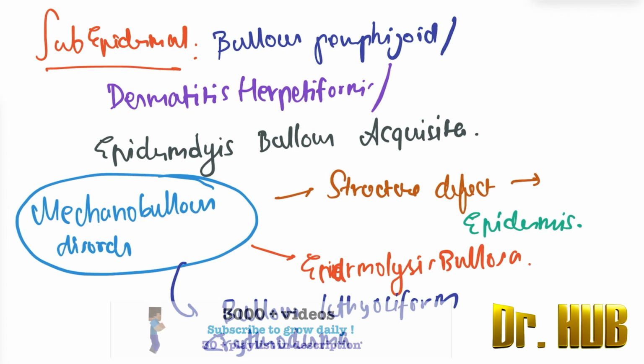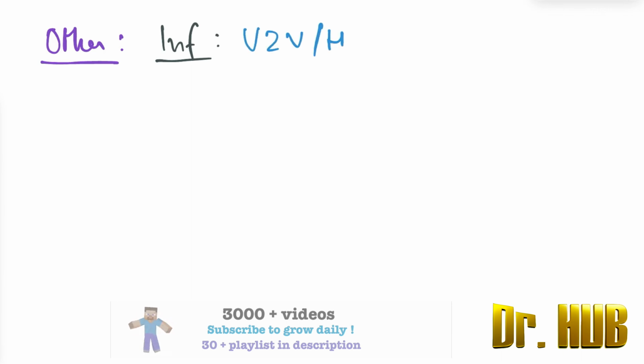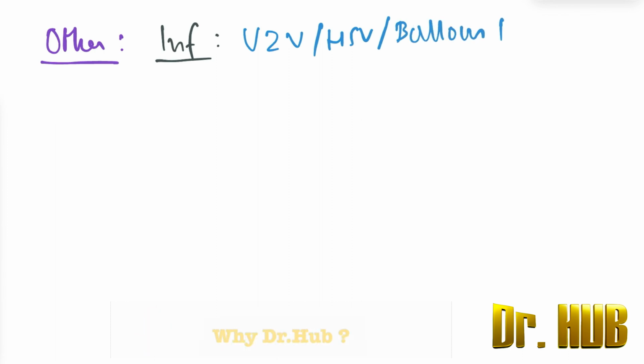Now let's look at some other disorders. These include infections. Under infections, there is VZV, HSV, bullous impetigo, and also 4S, staphylococcal scalded skin syndrome.